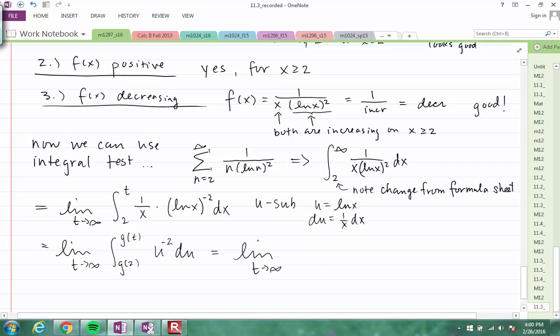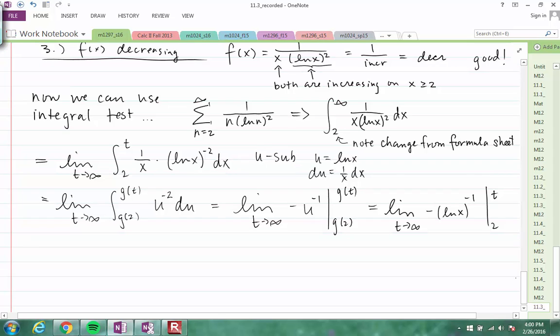Now I'm going to do my integral. I add 1 to the exponent, I get negative 1, throw that negative out front, and now I'm going to go back in terms of t. So it's negative ln x to the negative 1, evaluated from 2 to t.